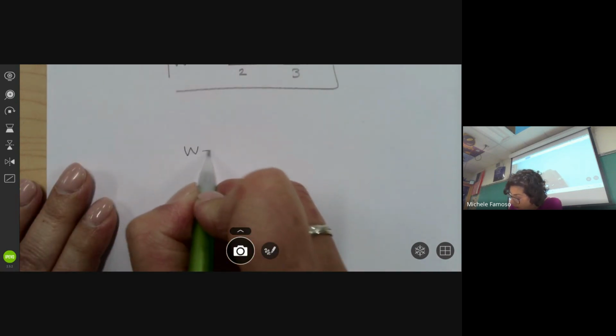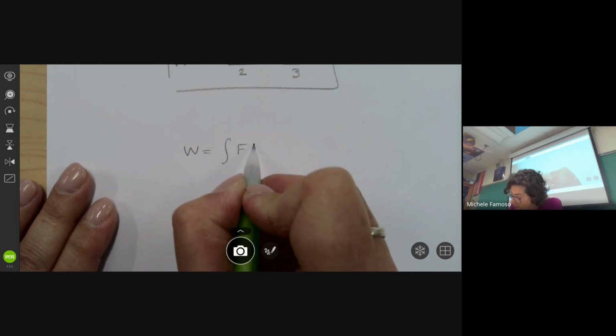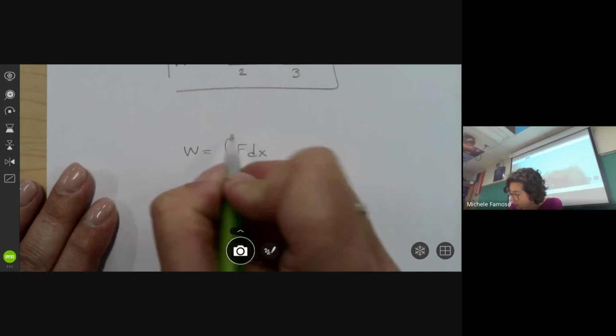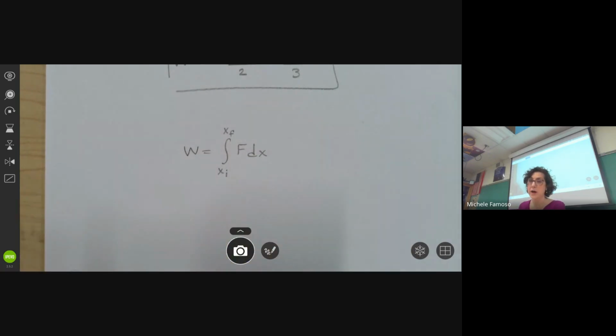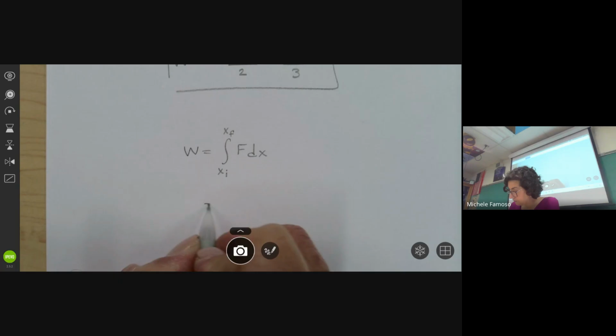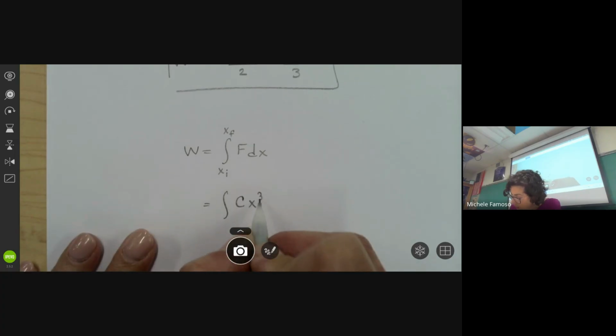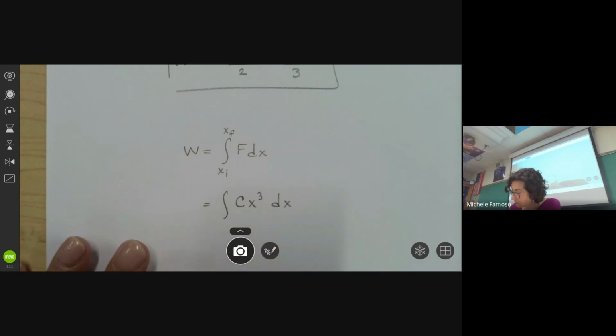So work is the integral of the force with respect to position, and we're going to evaluate that between an initial and a final position. So my force function in 26 is cx cubed. This tells me what the variable is. If I had put dc, then c would have been my variable, and x would have been my constant.